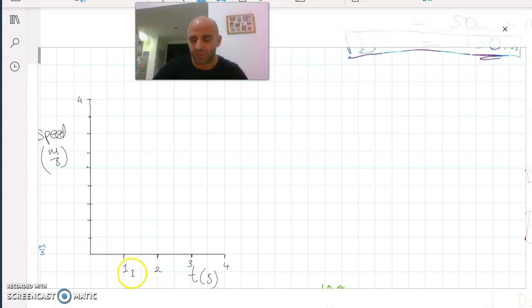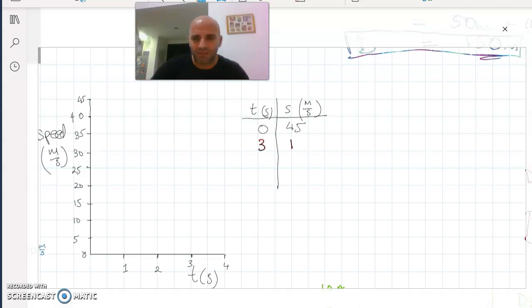So that means every 2 squares was 1 second. And that's purely just so I can zoom in on it a little bit better. I then chose my scale of every square going up as 5 meters per second. And so I made it all the way up as far as 45 because I knew my initial velocity was 45 meters per second.